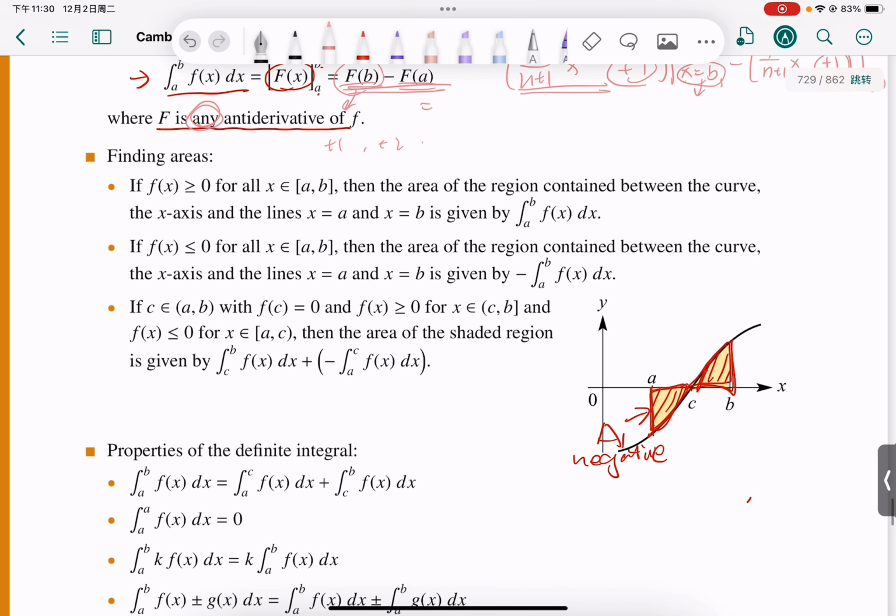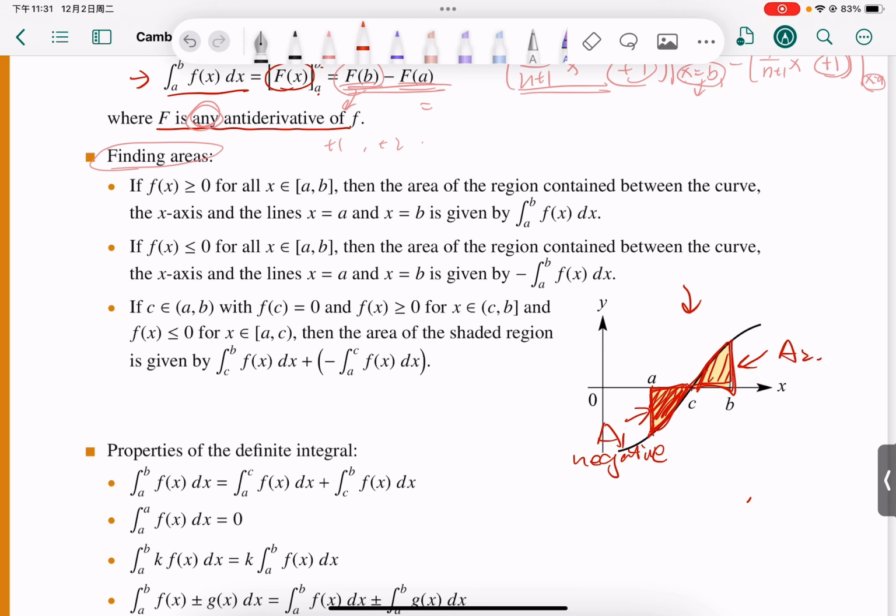Now we're moving on to finding areas. How do we find areas? Usually we are asked to find areas under the curve. For example, in this graph over here, we denote this area A1 and this area A2.